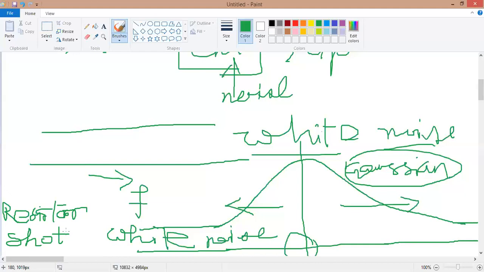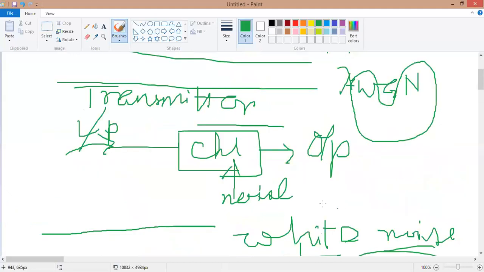Some external noise is also there, some man-made noise, some atmospheric noise, some other noise due to solar noise, disturbance on the sun, and that may also be important for our noise consideration, because some rays may come from the sun.